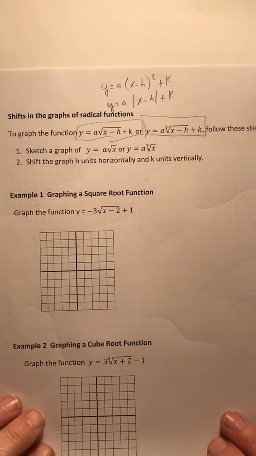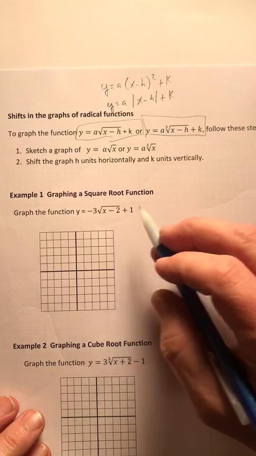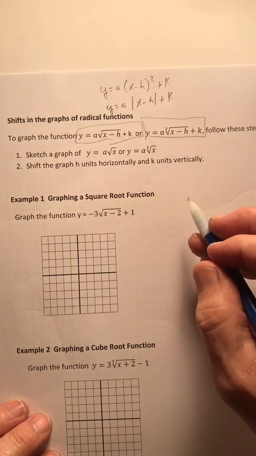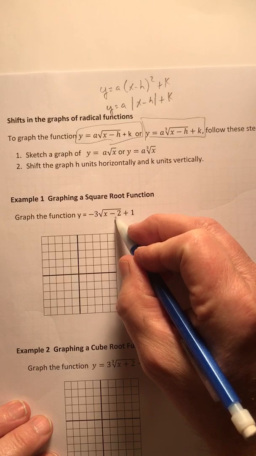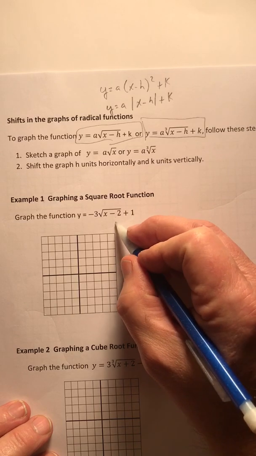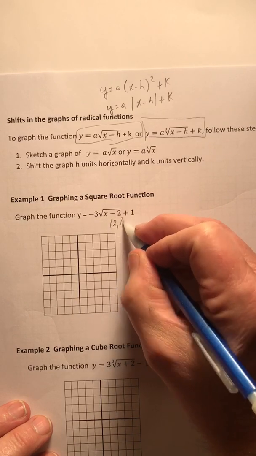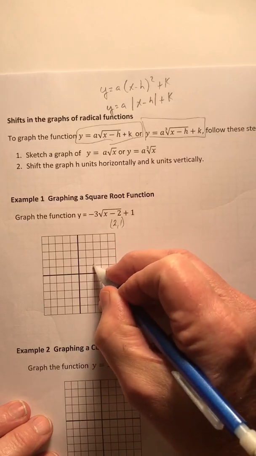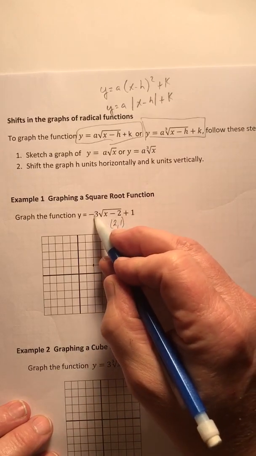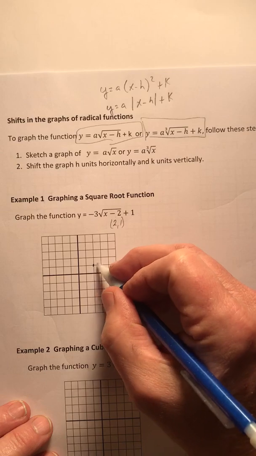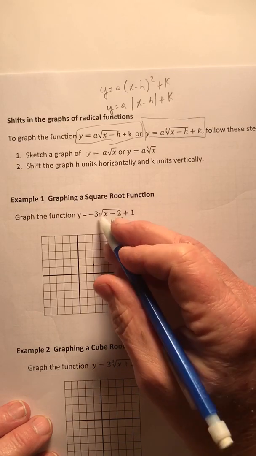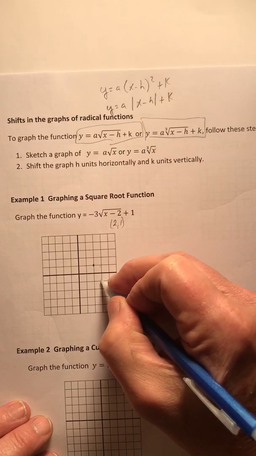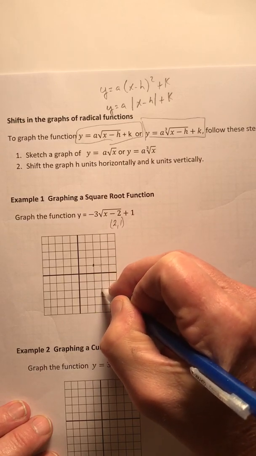All right. So this one, again, it's a square root one. So the vertex or the origin for this one's going to move to 2, 1. So over 2, up 1. All right. And there's my -3. So it's going to multiply by 3. All right. So I go over 1 and then down because it's negative. 1, 2, 3.